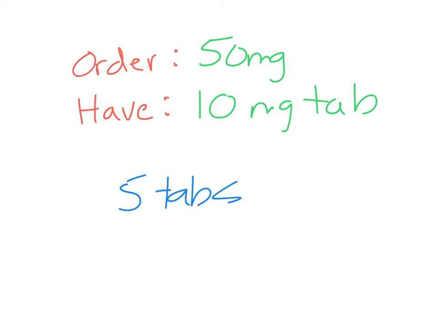This is one that you may be able to just do in your head. If that's the case, do them all in your head. It would be much better if you could do them all that easily. But if you can't, there is a formula provided that would make that a little bit easier. And that formula says this: D divided by H times Q, or D over H times Q.